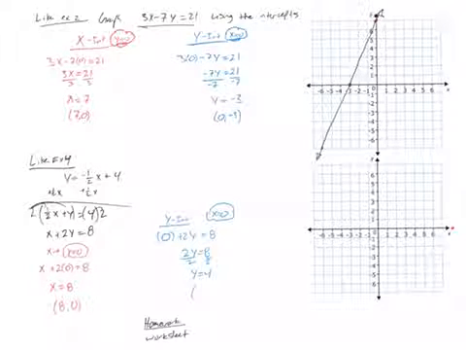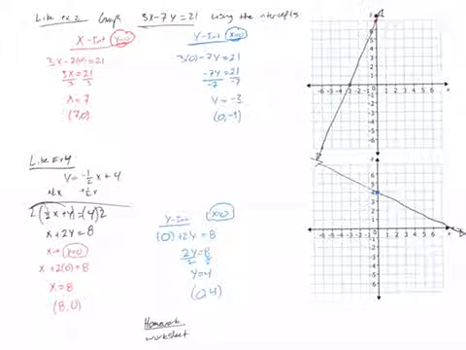So again, x is 0, y is 4, so let's graph that point. X is 0, y is 4. Then all we have to do is draw a line through those 2 points. Of course, on your homework, you'll use a straight edge to do that. On here, I don't really have a straight edge, so I'm just going to keep trying until I get it looking nice. It looks something like that.